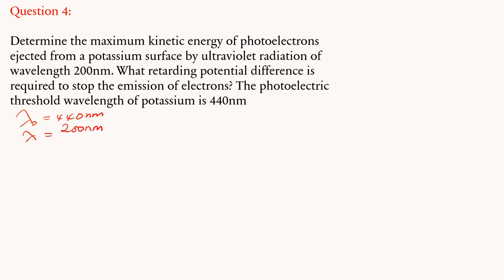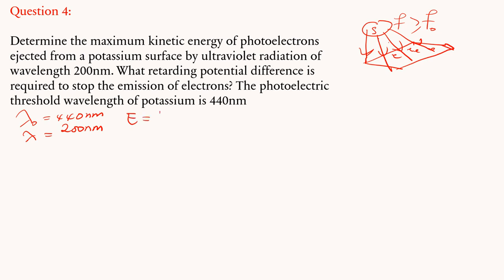Now, as explained earlier in the video, that's the source with which we can illuminate a metal surface. So this radiation falls on the metal and we have electrons. If this is of sufficient frequency f, which is greater than the threshold frequency, then the energy from the source E will be equal to the energy to overcome the work function plus the maximum kinetic energy.